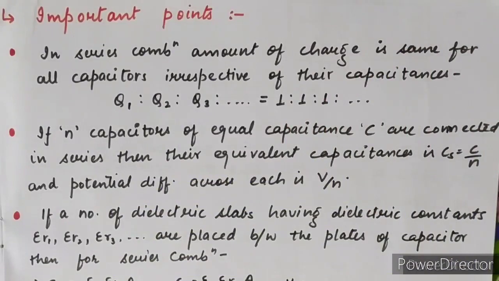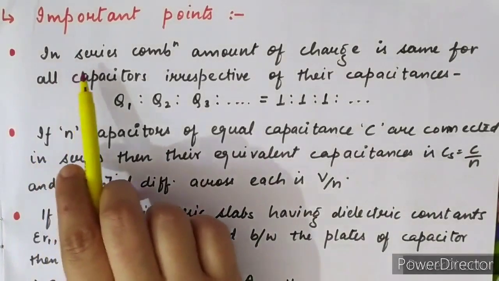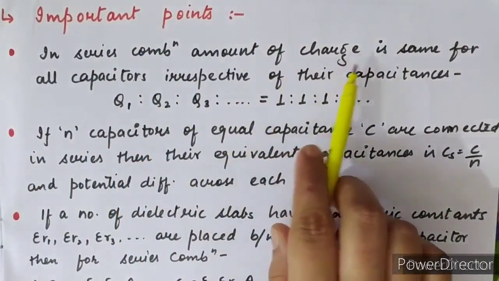Okay, now there are some important points related to the series combination of capacitors. These are 3 points which you have to remember. Sometimes conceptual questions may also arise from these important points. So first point is that in series combination the amount of charge is the same.